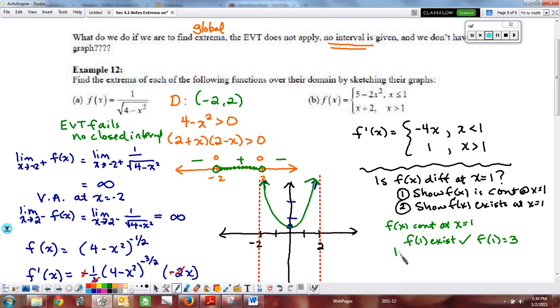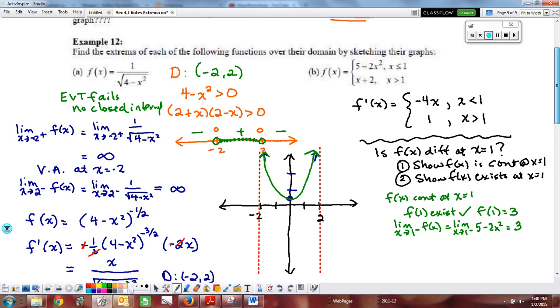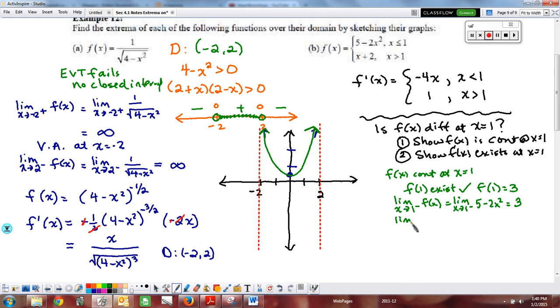And then we're going to check the limit as x approaches 1. We're going to do from the left of f of x. That's going to be the limit as x approaches 1 from the left is the piece 5 minus 2x squared, which is going to be 3 by direct substitution. And then we check the limit as x approaches 1 from the right of f of x, which is the limit as x approaches 1 from the right of the other piece, x plus 2, which is also 3.